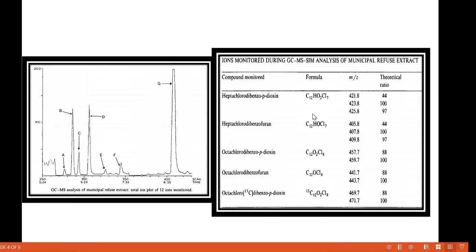These two are the isomers and these three are the isomers. Out of these, only this isomer is detected, showing the ratio 44 to 100 to 97. Only this isomer gets detected by using the selected ion monitoring technique.